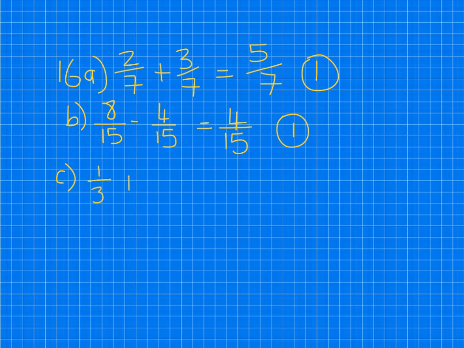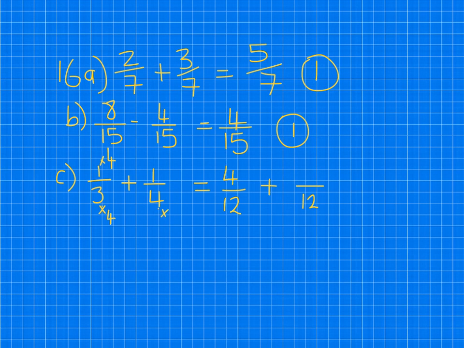Part C is a little bit trickier. 1/3 add 1/4. This time the denominators are not the same. We've got to give them a common denominator. The lowest common multiple of both 3 and 4 is 12. Think carefully. What did we multiply the 3 by to make 12? We multiplied it by 4. Therefore, we multiply the numerator by 4, giving us 4/12.